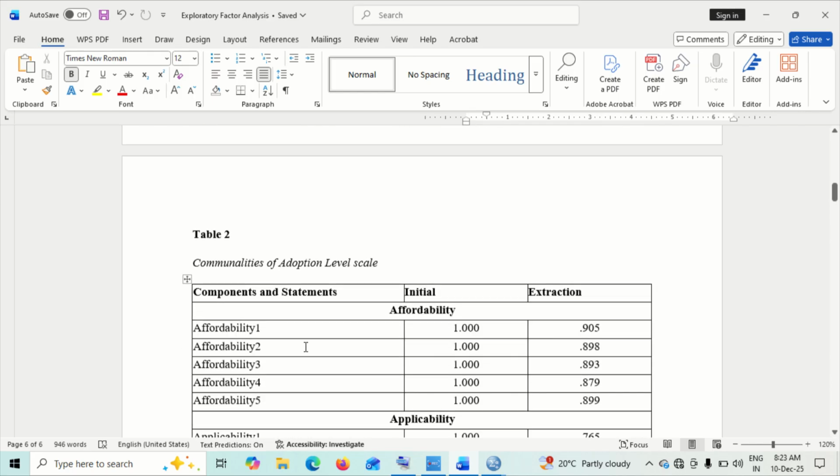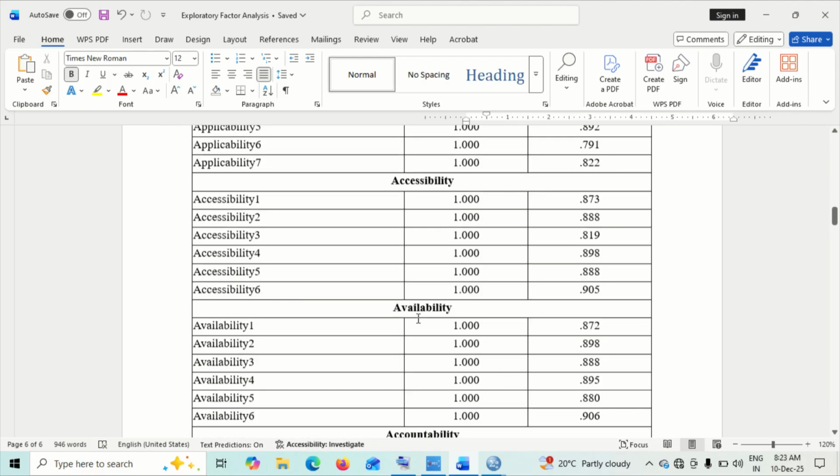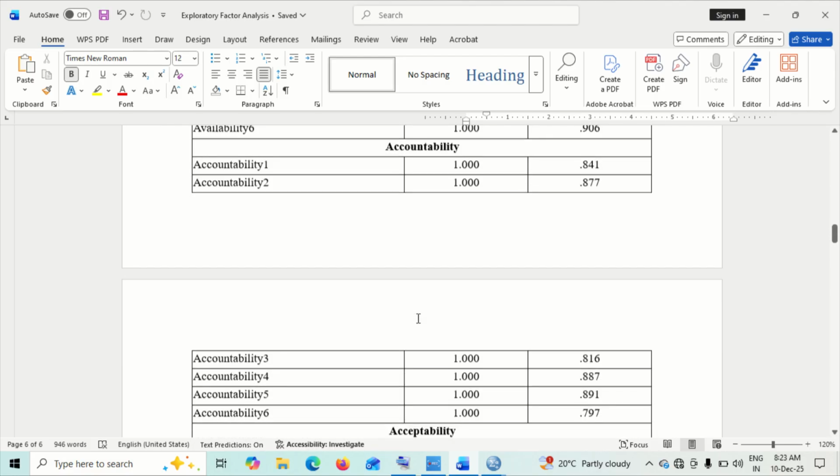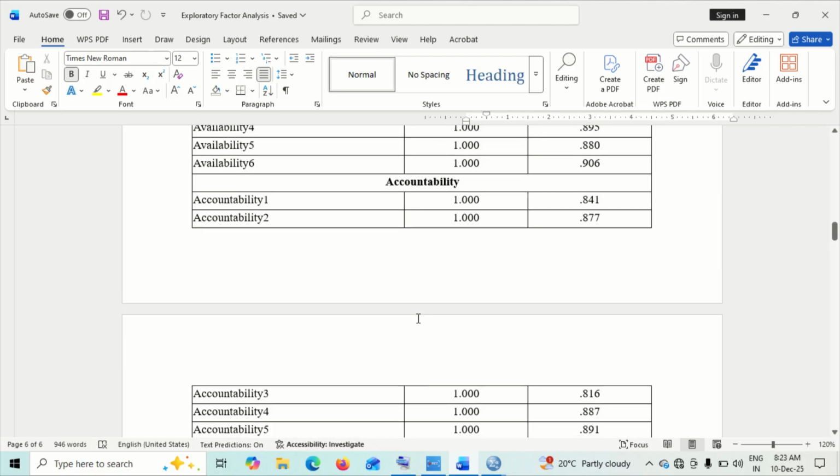This is the second table, communalities of the adoption level scale. Here the component and statement are in the first column, initial communalities in the second column, and extracted communalities in the third column. We can see the different components: affordability, applicability, accessibility, availability, accountability and acceptability.